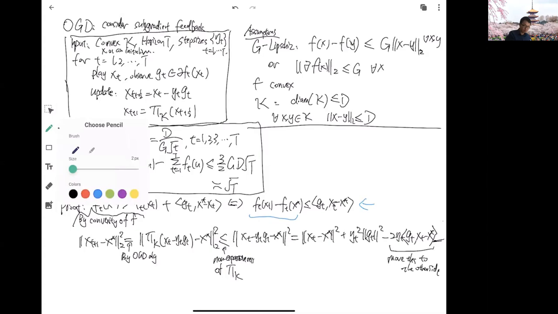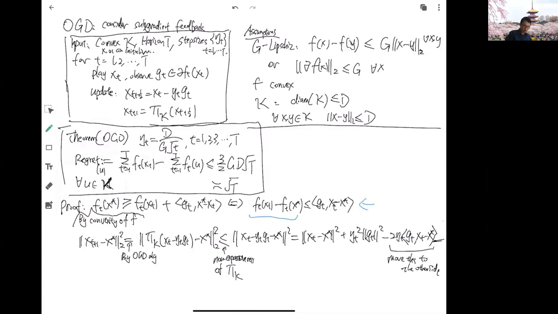Let's apply the implication of convexity, and then obtain our iterate after moving this to the other side. Let's multiply this by a factor of 2. So we get 2 times f_t(x_t) minus f_t(x star) smaller than 2 times g_t inner product with x_t minus x star.